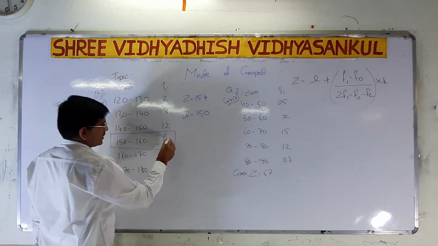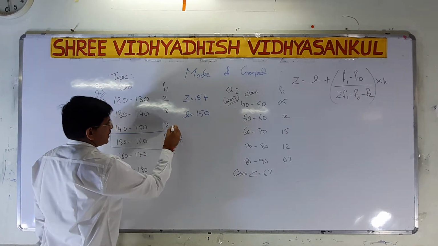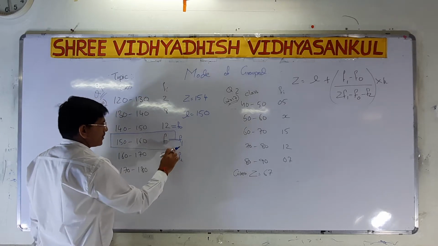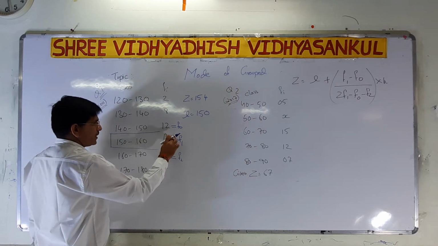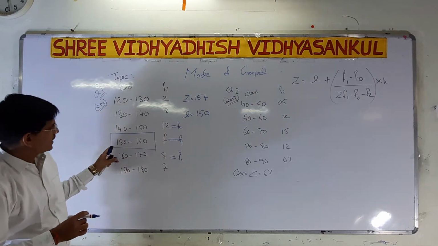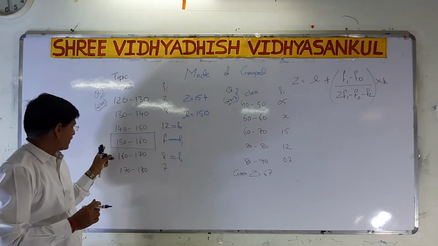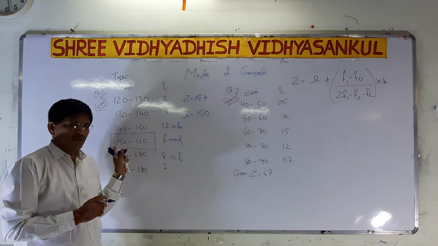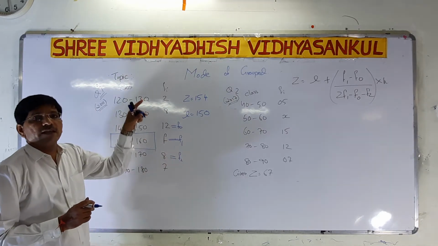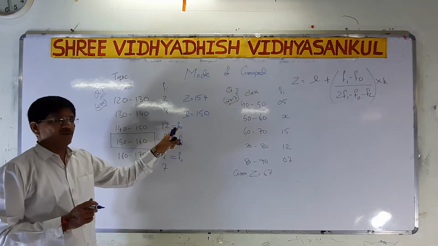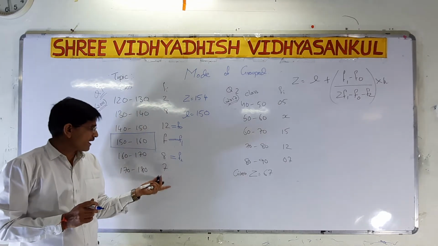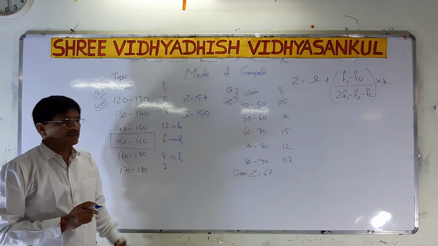Always remember where the modal class is, 150 to 160: its frequency is F1, the preceding frequency, that is the one above, is F0, and the succeeding frequency, that is the one after, is F2, which is 8.